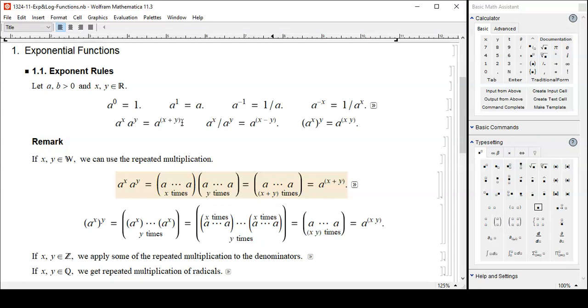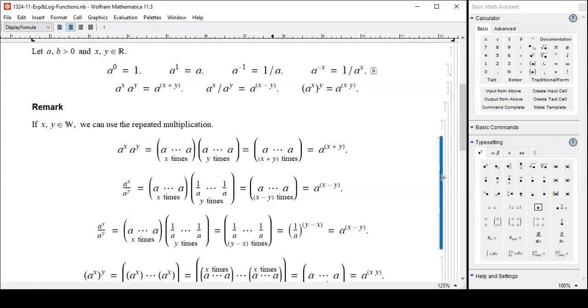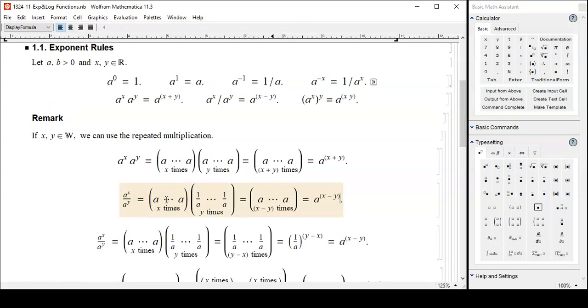So that's a proof for the special case when x and y are whole numbers. Now what if we have subtraction? It's basically division, because x times, and then among those take off y times, so we have a total of x minus y times left when x is greater, and when y is greater we have the other way around.